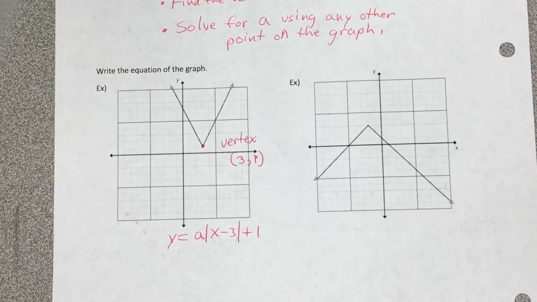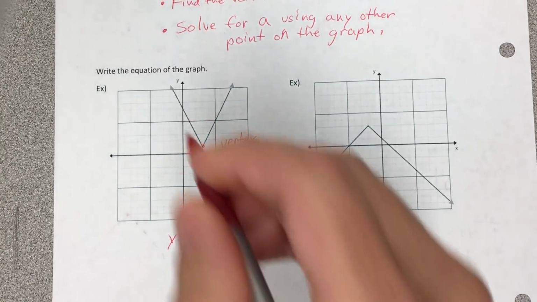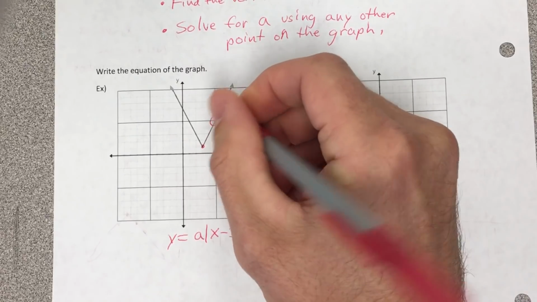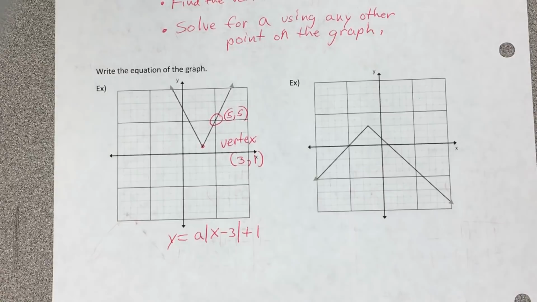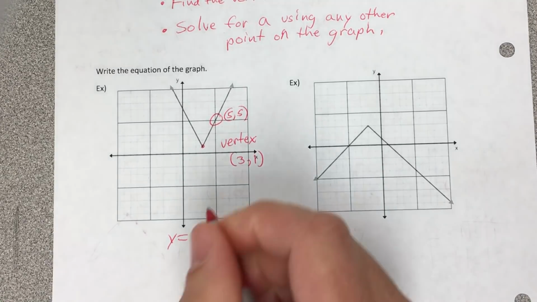And I just need to figure out what a is. To do that, I'm going to get another coordinate. So I'm looking at my graph, and I want to get a good coordinate. And that one's just staring at me right there, 5, 5. I'm going to temporarily use that to help me solve for a.